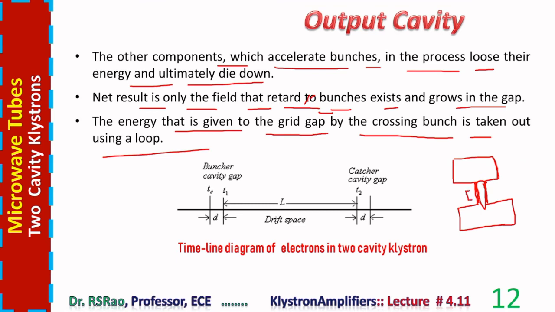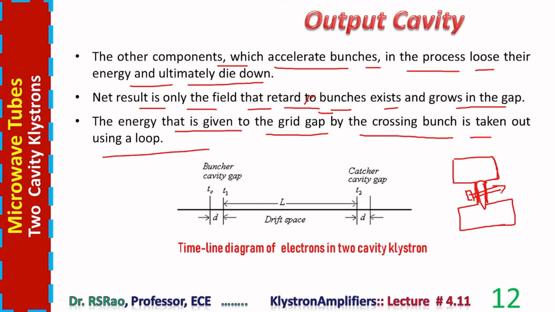Now, when a bunch crosses the gap, there are two possibilities regarding the interaction between the bunch and the frequencies that are there. Some frequencies accelerate the bunch. Some frequencies retard the bunch motion. The components which accelerate the bunch give energy to the bunch.